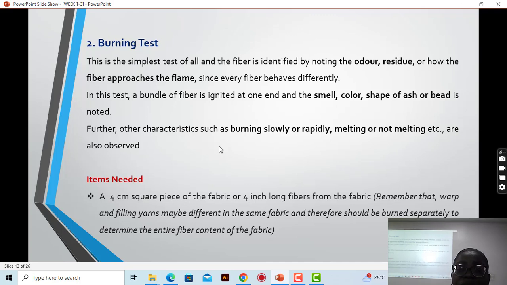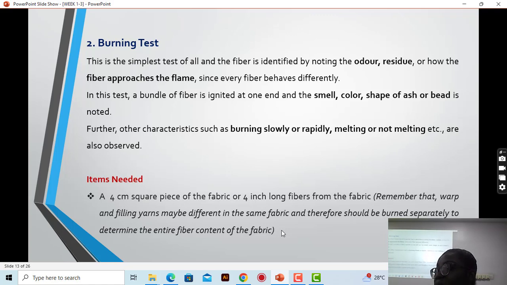Now, these are the items that are needed for the burning test. So we have a 4 centimeter square piece of fabric or 4 inches long fibers from the fabric. Okay. Now look at this in-depth explanation. They said, remember that warp and filling yarns may be different in the same fabric and therefore should be burned separately to determine the entire fiber content of the fabric.